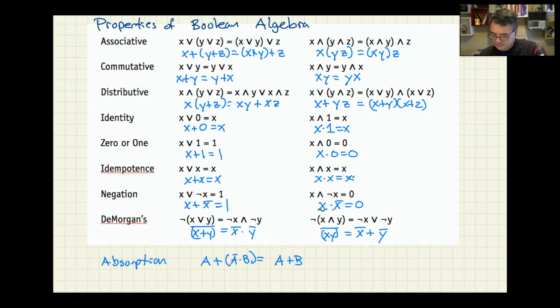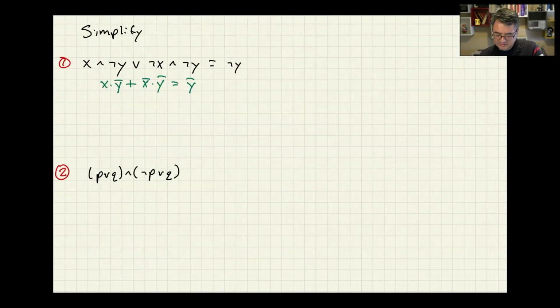I'll flip back. You see anything here? It kind of looks like what we have here. And even if you don't see any patterns, just pretend that this is just an algebraic expression and you want to simplify it. What would you do first?